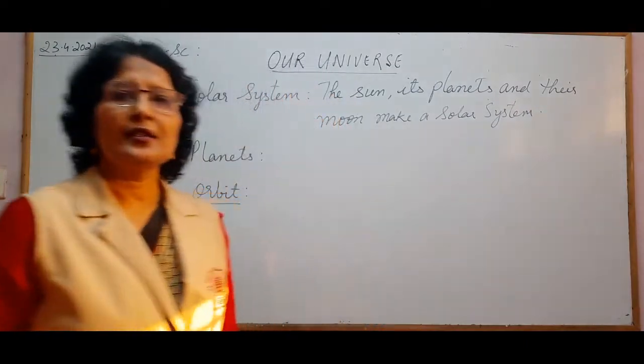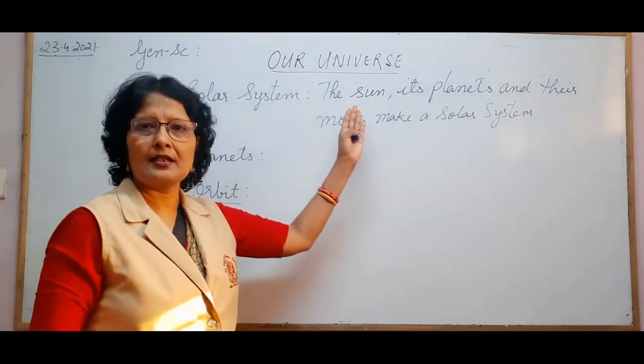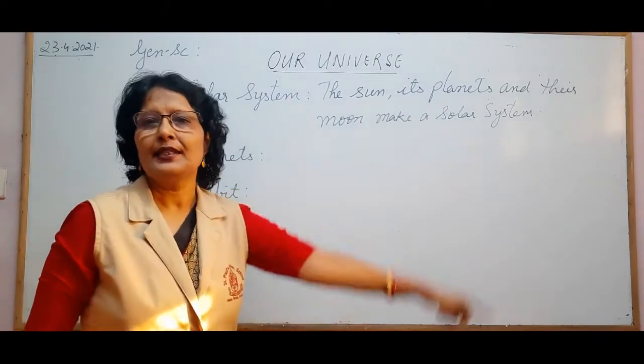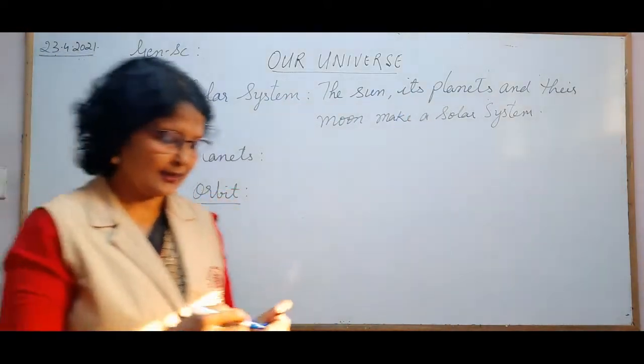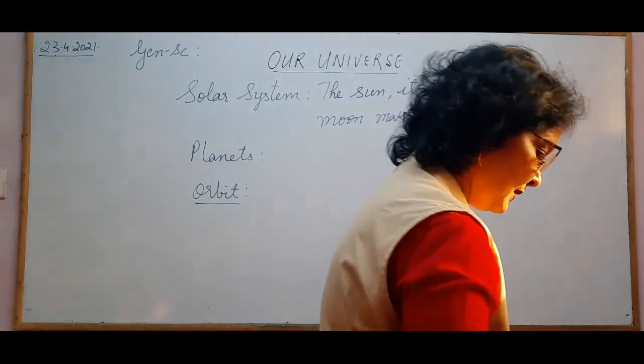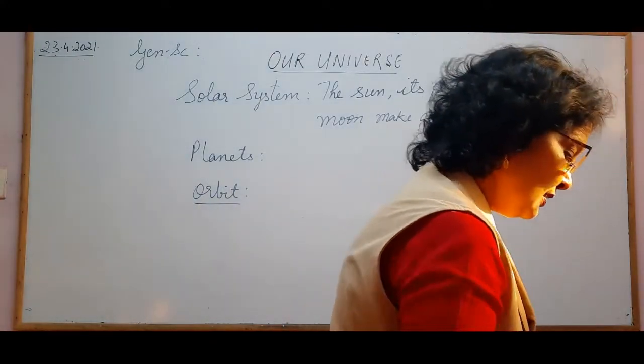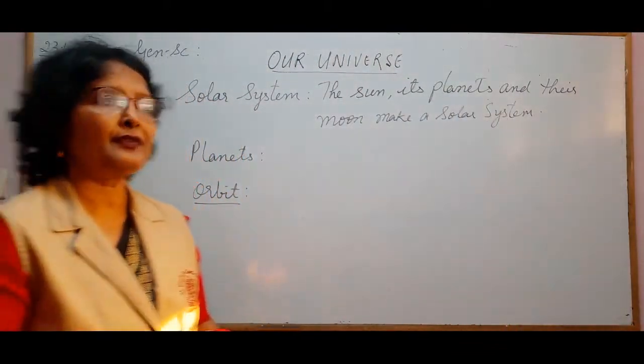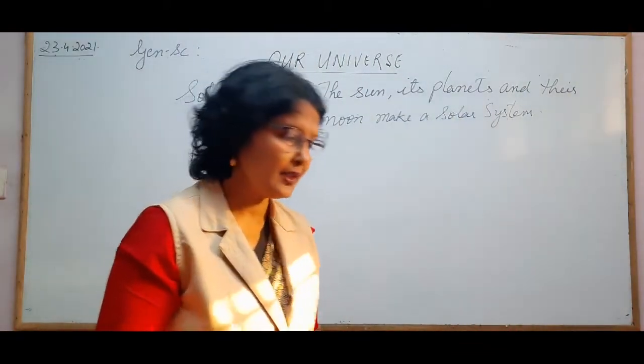Is that clear? So solar system means the sun, then 8 planets and their moons. Now first we'll finish with solar system, then we'll start with the sun.